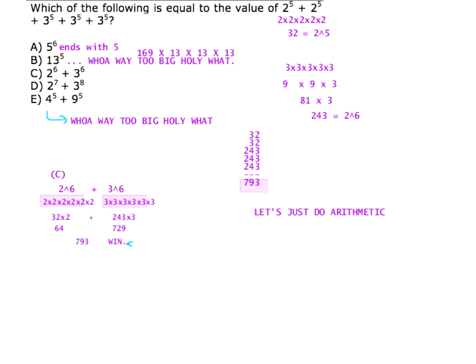There's my answer. You can use exponent rules here as well, just as a quick rundown of how that works. If you want to use traditional exponent rules, that's doable.